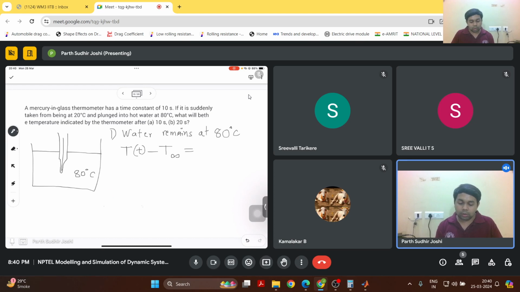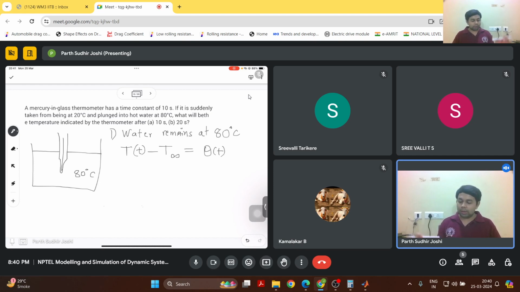Let us call this temperature difference variable theta of time, theta as a function of t. So from the usual law of cooling, or law of heating, whatever we call it.